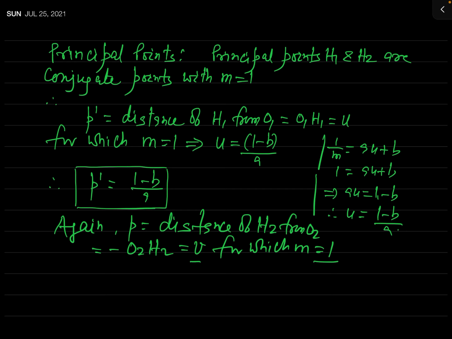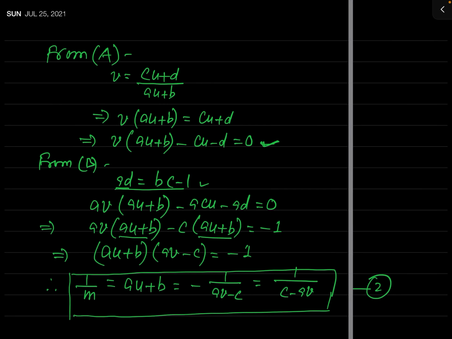So we use the condition mentioned in the definition of the principal point. When we take m equal to 1, what will be the value of v?